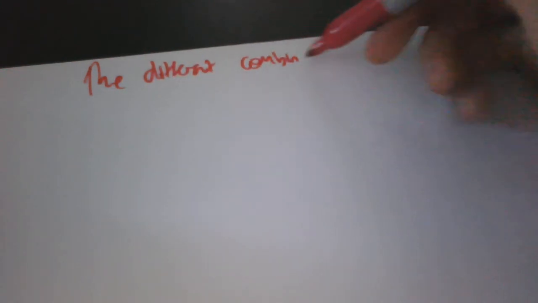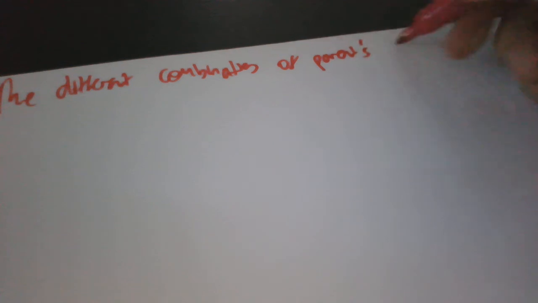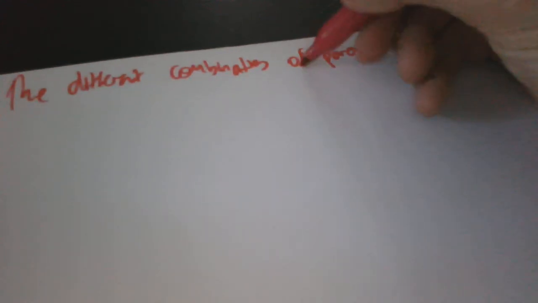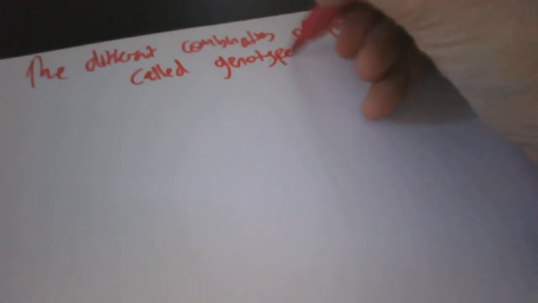I should also mention genotype. Okay, so the different combinations of parents' genes, right? As I showed you before in the Punnett squares, you get different combinations, different offspring. And the parents' genes are called genotypes. That's another word you should familiarize yourself with.